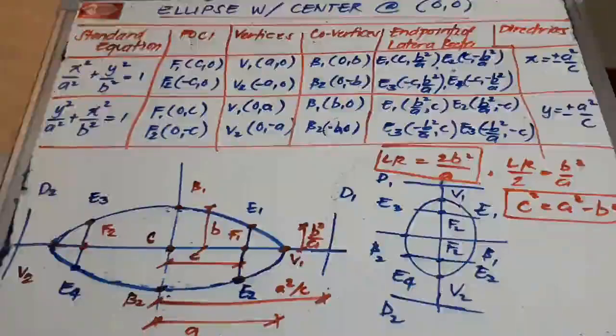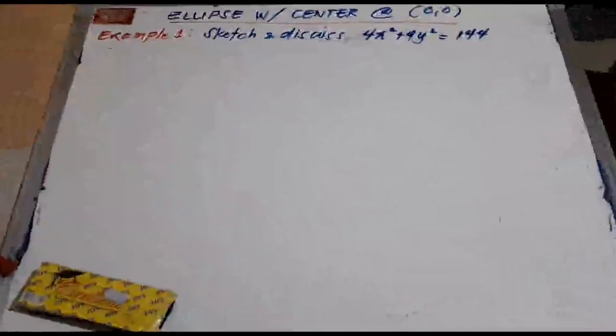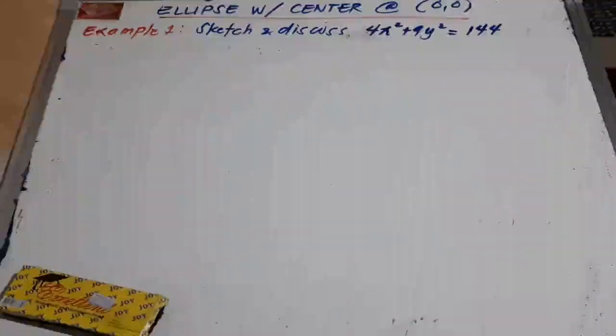So I'm going to give you 2 examples in sketching the graph of an ellipse with center at the origin. So this will be my first example, and also given is the general equation of an ellipse. So we have example number 1.